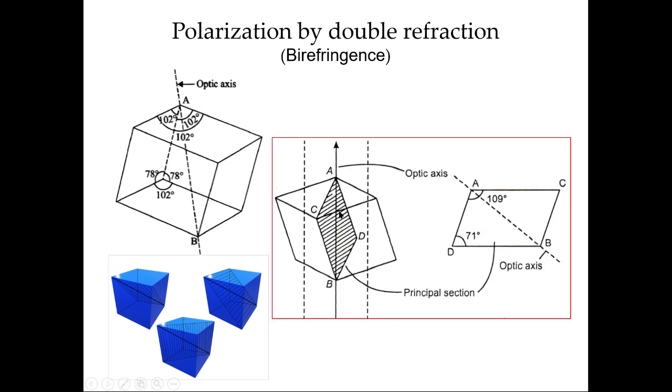So any plane which contains the optic axis and is perpendicular to any of two opposite faces is called the principal section. In the principal section of any calcite crystal, the angles are equal to 71 degree and 109 degree.